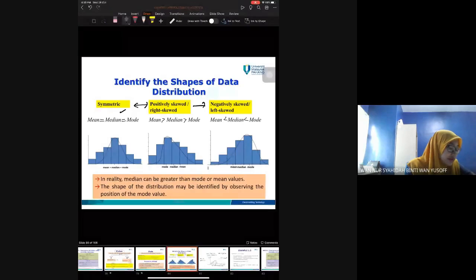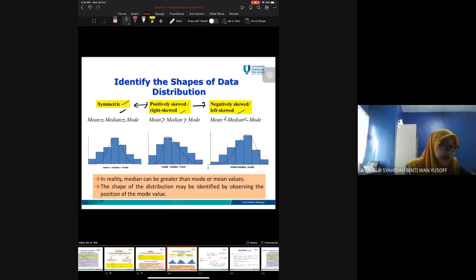This is the common pattern that we have. By histogram, we can have about 8 shapes, but by using measure of central tendency, we only have 3 shapes. You will have either symmetric, right skewed, or left skewed.